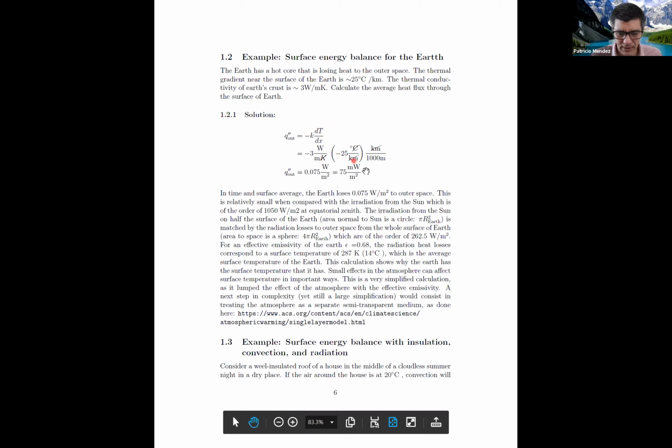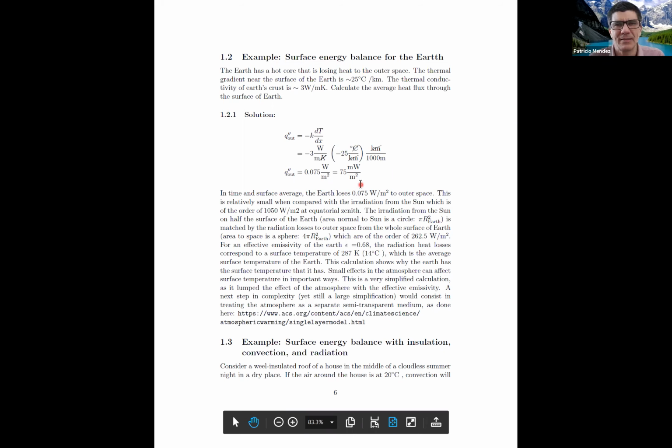Plug and chug, and we get that heat conduction through the surface, from the center of the Earth outside, is more or less 75 milliwatts per meter squared. What this means is that on average, the Earth is losing 75 milliwatts per meter squared to outer space.